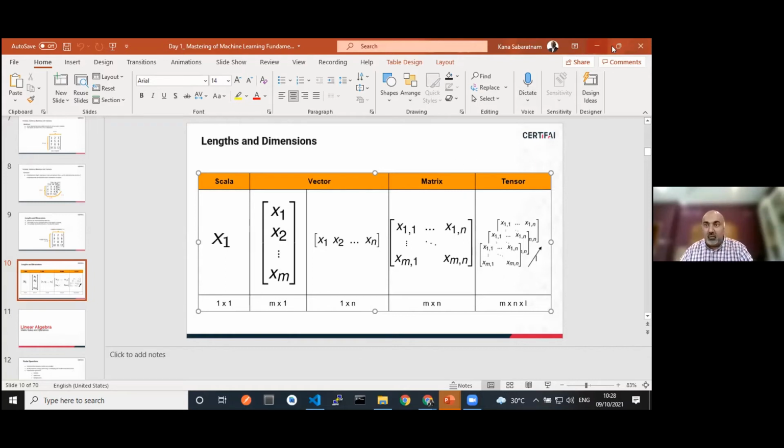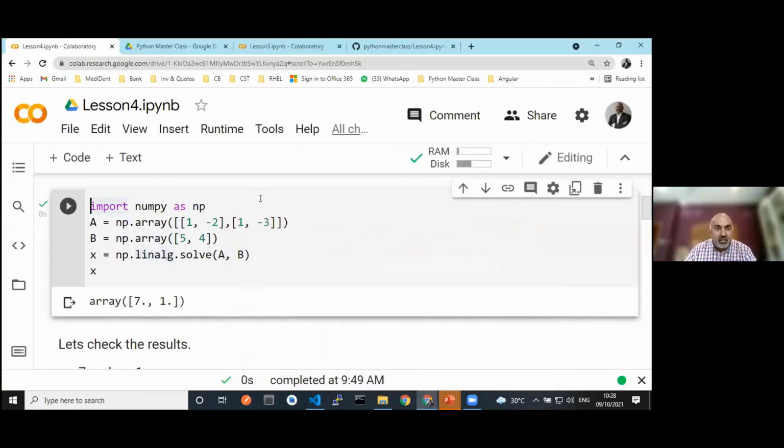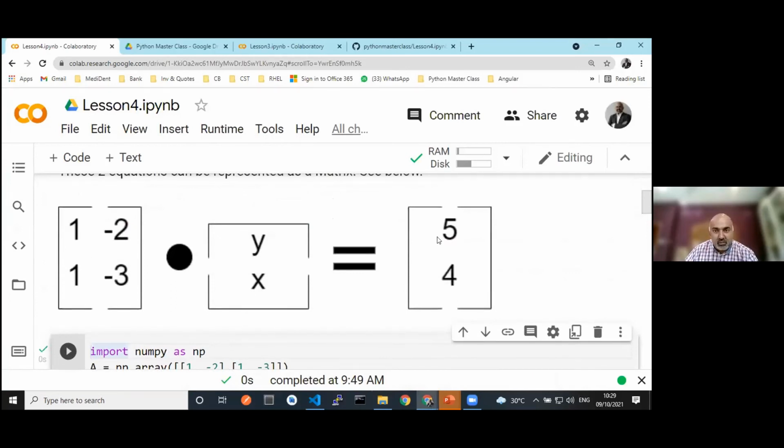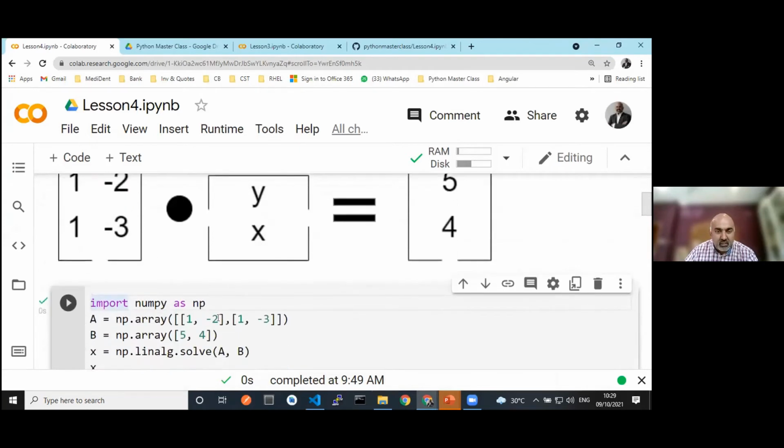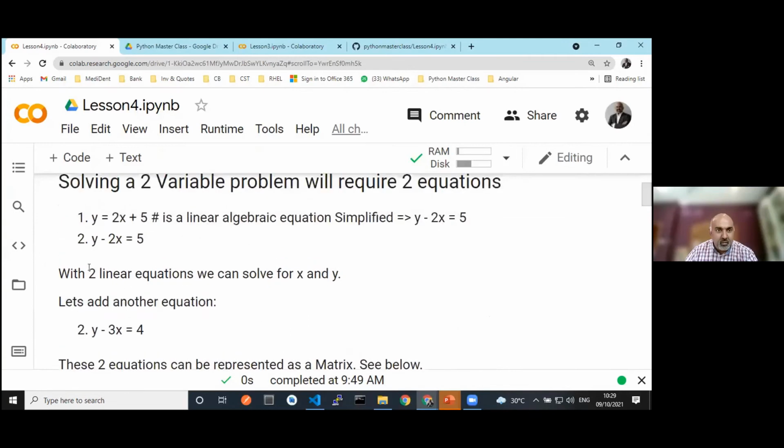Position of x and y, how is it determined? Yeah, it's determined by how we write the equation. You can see that I have put 1, -2 as the first array, because the 1 is representing the coefficient of y, and the 1 in this line is also representing y. When you look at the equation, both of the y's have a coefficient, a multiplier, of 1. So that's why it's 1, -2, 1, -3.